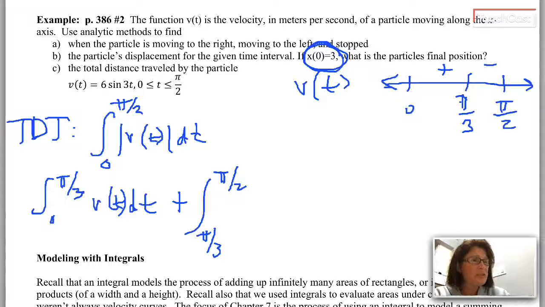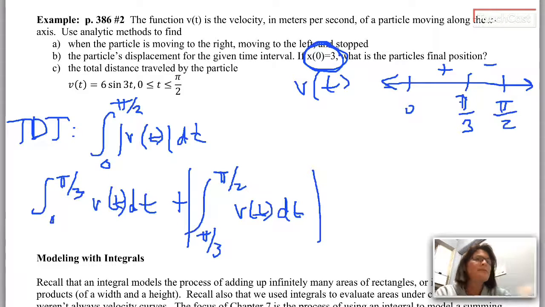So what I'm going to do is I can take that whole integral, whatever this section is, it's going to be some area under the curve, and that whole area is going to be negative. So at the end, I'm going to take the absolute value of that whole section and add it to the positive area that I get for the first section.